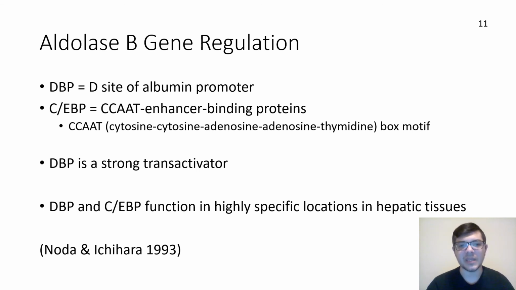So the DBP is a strong transactivator. The CEBP is not as strong in certain places, even though it can be expressed as well. The DBP is stronger. But these two function in highly specific locations in hepatic tissues. So specific hepatic cells are going to function better with some of these regulatory genes than the other ones.